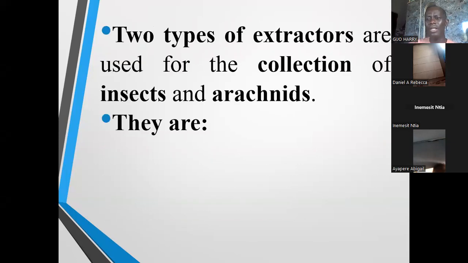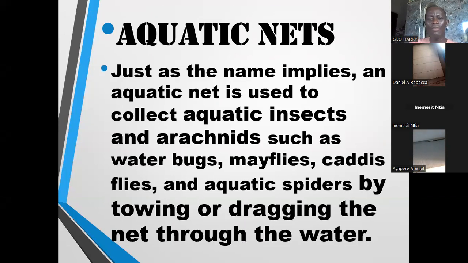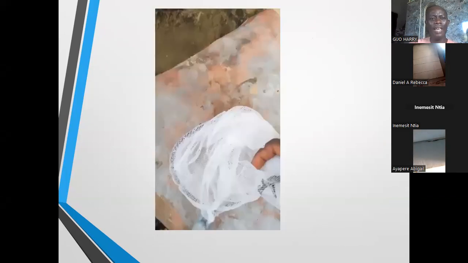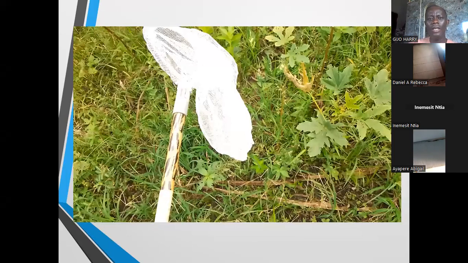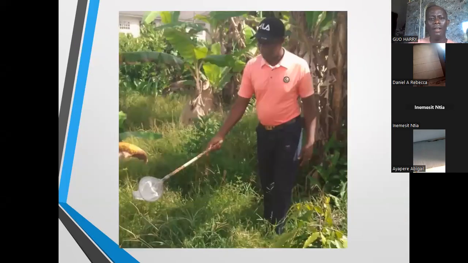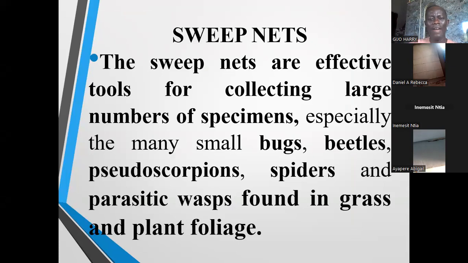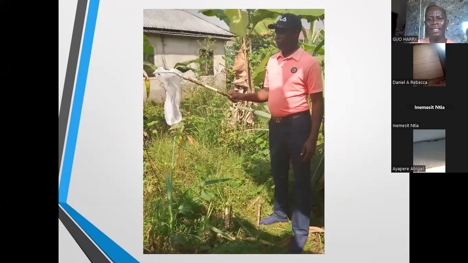Insects and arachnids have the vastest methods for collection because they are so diverse. They have high biodiversity, and because of that, various methods are used.